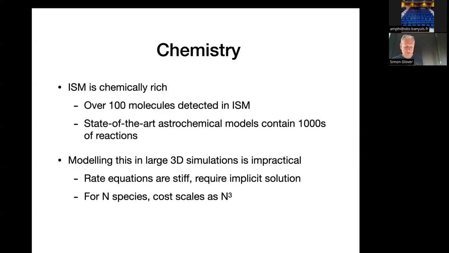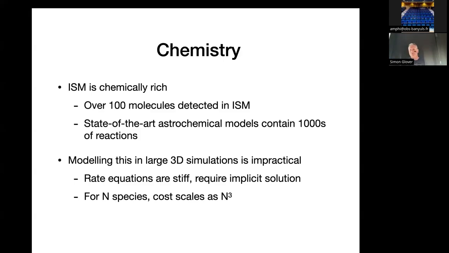And what this means is that you cannot solve these ODEs explicitly, i.e. going forwards in time, unless you take extremely small time steps. Because if you try and do it with a large time step, you're dominated by these components of your solution varying on very short timescales, and you find that your solution is unstable. It just blows up.